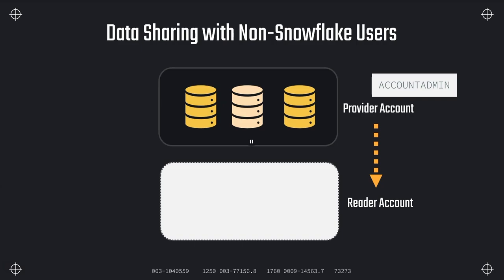So this is not really an account like a customer of Snowflake, but it's just part of our provider account. It will be just a URL, so something that the users or the customer can log into, but this is for the sole purpose of consuming our share. So this will be completely created and managed by our provider account. And then we can just make this share available to the customer.